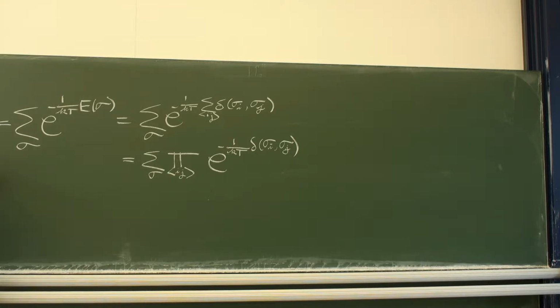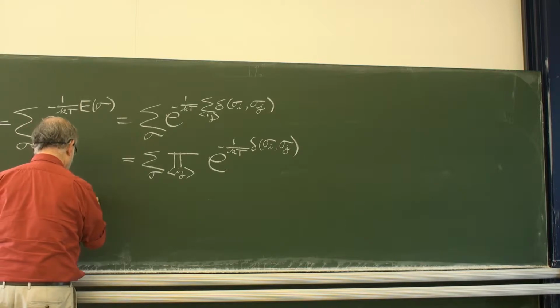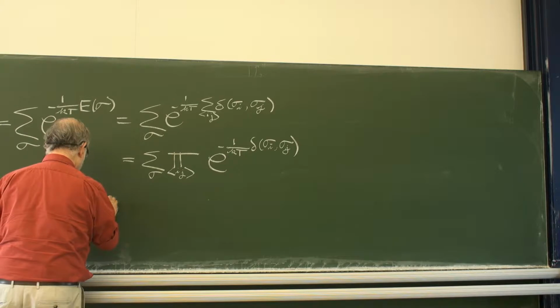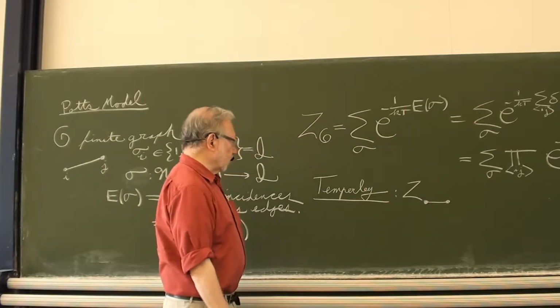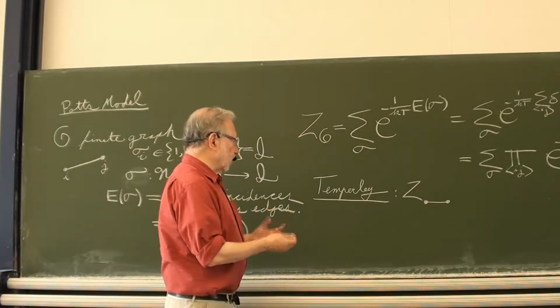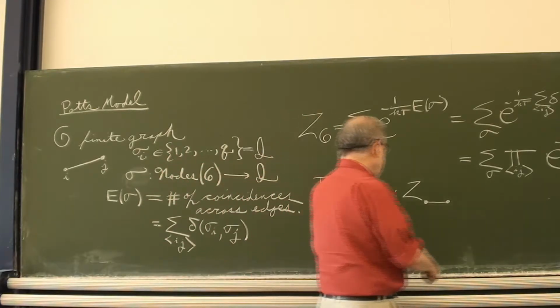So Temperley proved the following theorem, probably somewhere around 1970. He proved that Z satisfies the following relationship, that if you had an edge, and I was using a notation where I would put a little triangle to mean the rest of the graph, but I'll stop doing it. So when I draw an edge like that, I mean there's some rest of graph attached to the edge.